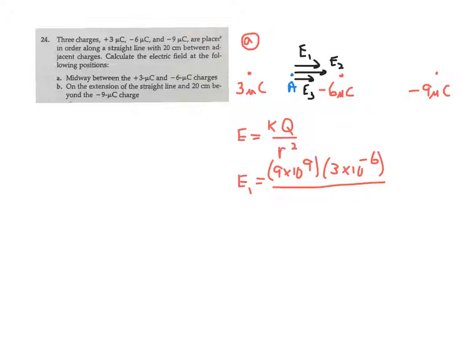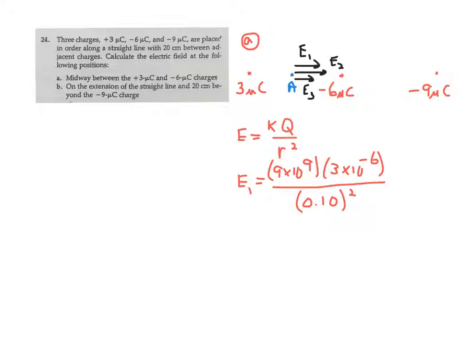This blue dot is halfway between the plus 3 and the minus 6 microcoulomb charge. So that is, according to the given information, 10 centimeters, which is 0.10 meters squared. All right, so that would give you E sub 1, the field vector due to the 3 microcoulomb charge at a location 10 centimeters from it to the right at that blue point, point A.